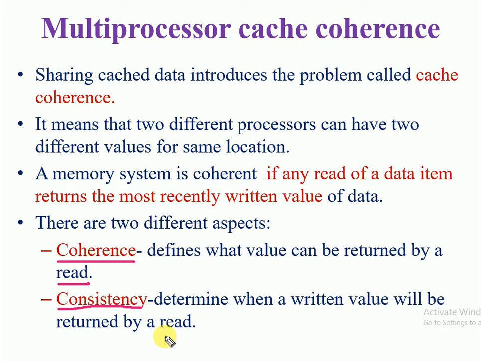So a data item is written by the processor, but when will this value be returned by another read operation? These two are actually correlated. Coherence defines what value can be returned by a read. Consistency determines when a written value can be returned by a read operation.